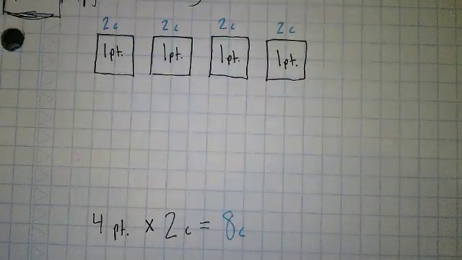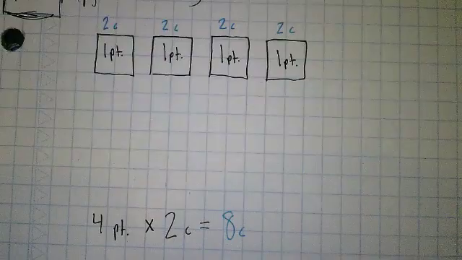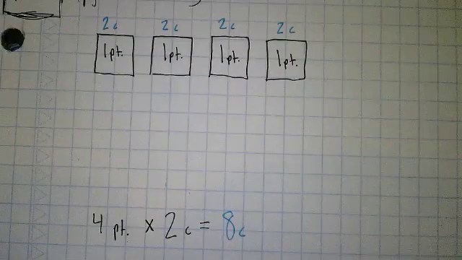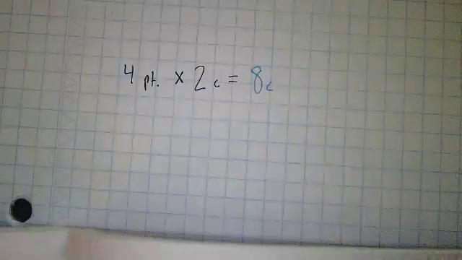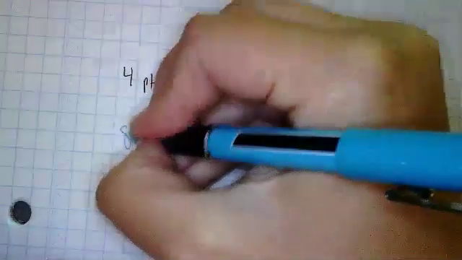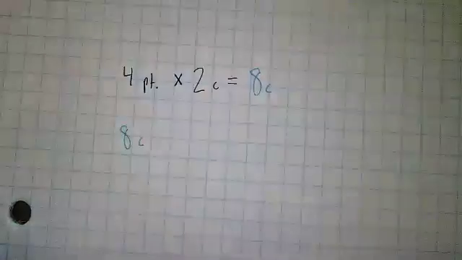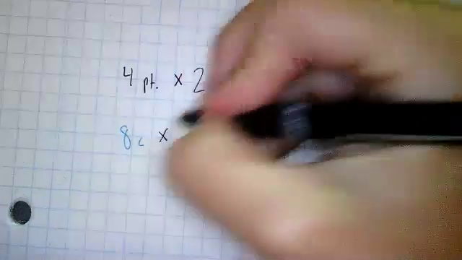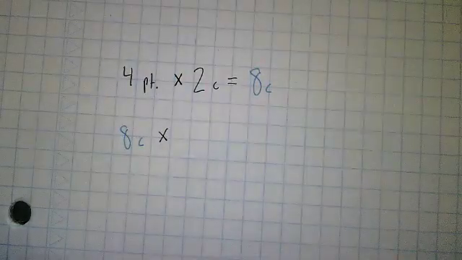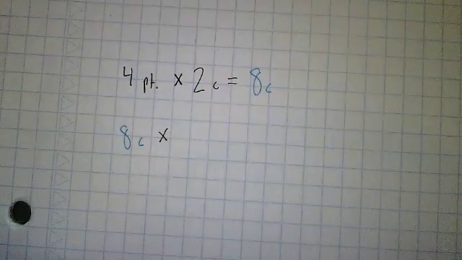But do they want our answer in cups? No, so we got to take those cups now and move that into ounces. So we're going to take our 8 cups. Now, how many fluid ounces are in 1 cup? Who can tell me? You can look at that chart right there to help you out.